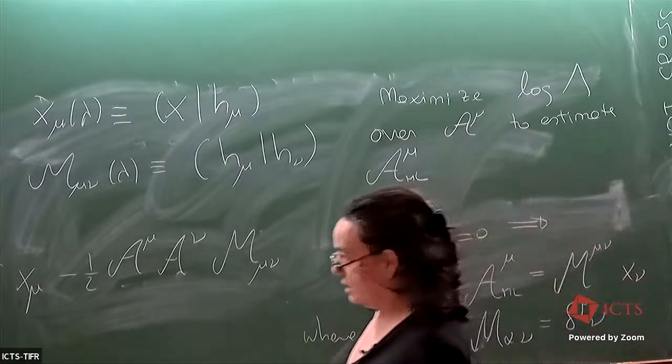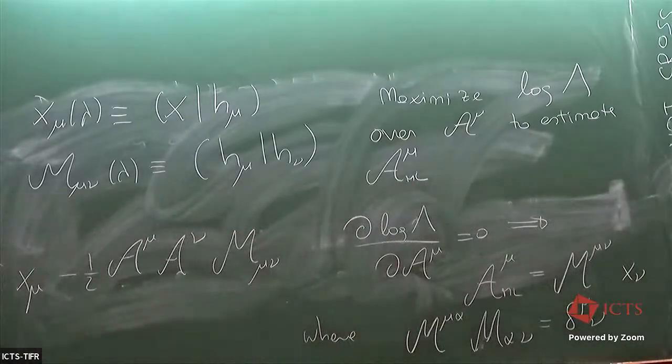So if you do that and get the A's, and then one substitutes them here, then one gets that the optimal statistics now only depend on these Doppler parameters. This can be written in this way: x mu, m mu nu, x nu.